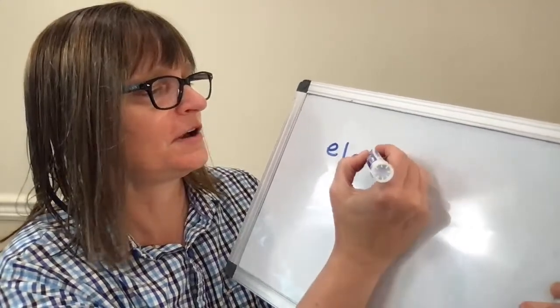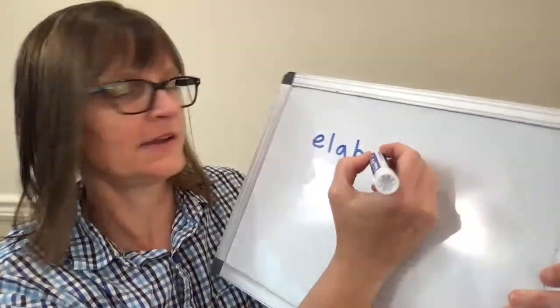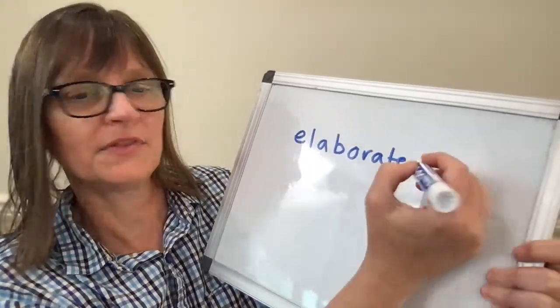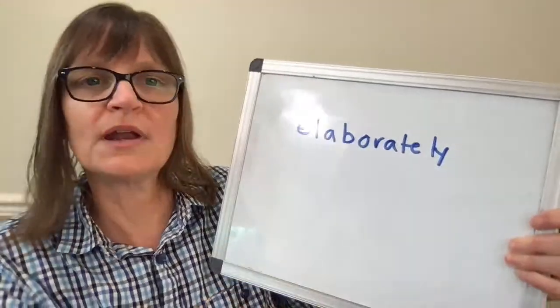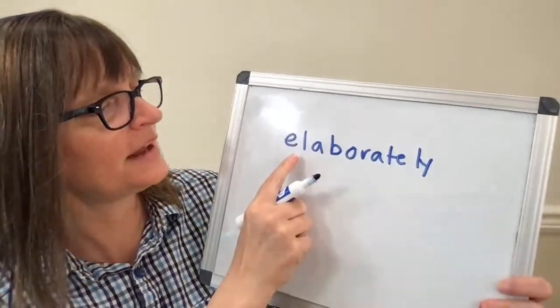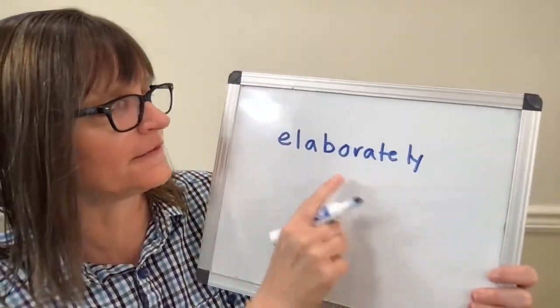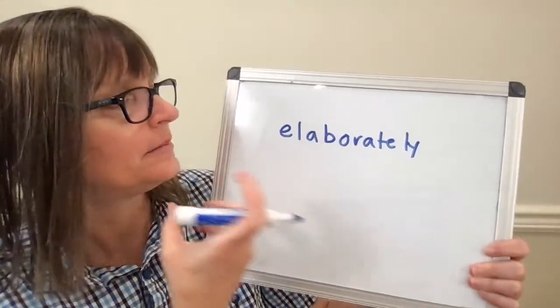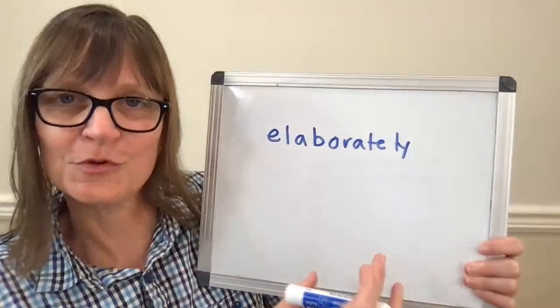So first of all, if I just have elaborate, I'll put the ly on here as well. So when I'm saying elaborately or elaborate, I'm not necessarily saying all of the syllables. Elaborately is obviously not smooth and fluent.